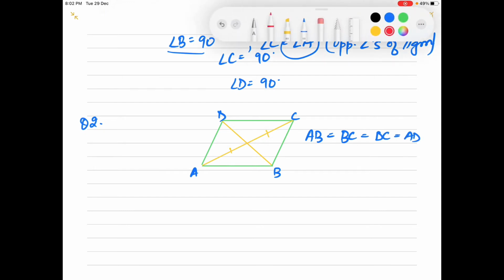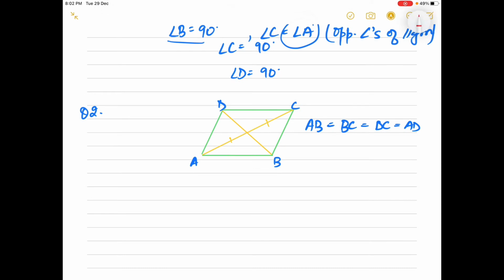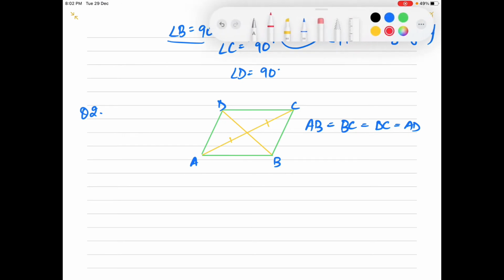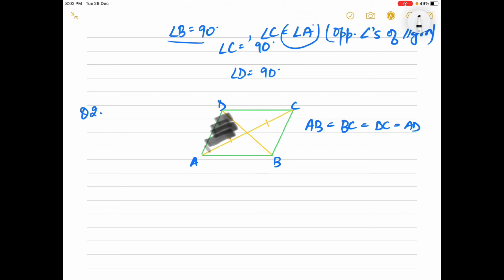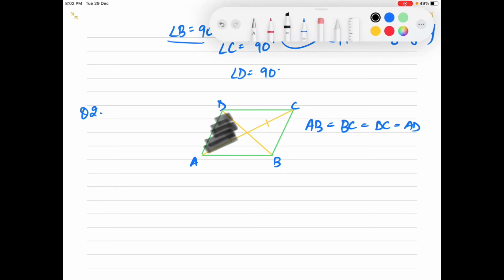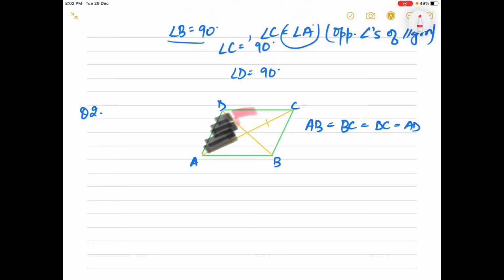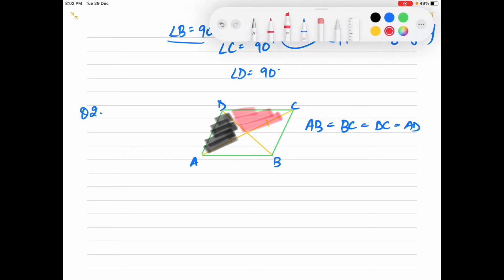Now in triangle AOD and triangle COD, we have to take these two triangles in order to prove that the diagonals of a rhombus are perpendicular to each other.